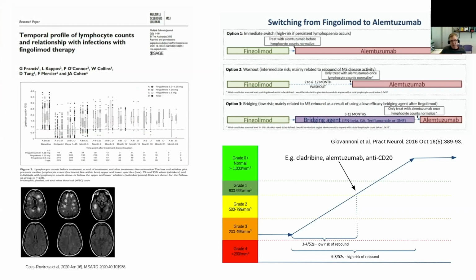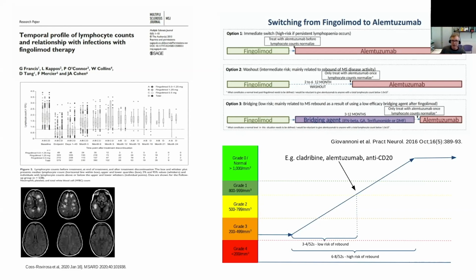And for this reason, we don't allow lymphocyte counts post-fingolimod to get back to 1 or above 1 before we use therapies like alemtuzumab or cladribine. Because what we're trying to do is just to see an increase. In other words, we're not identifying one of these long-term depleters. And we're trying to get them onto a new therapy if we're switching them before rebound occurs.